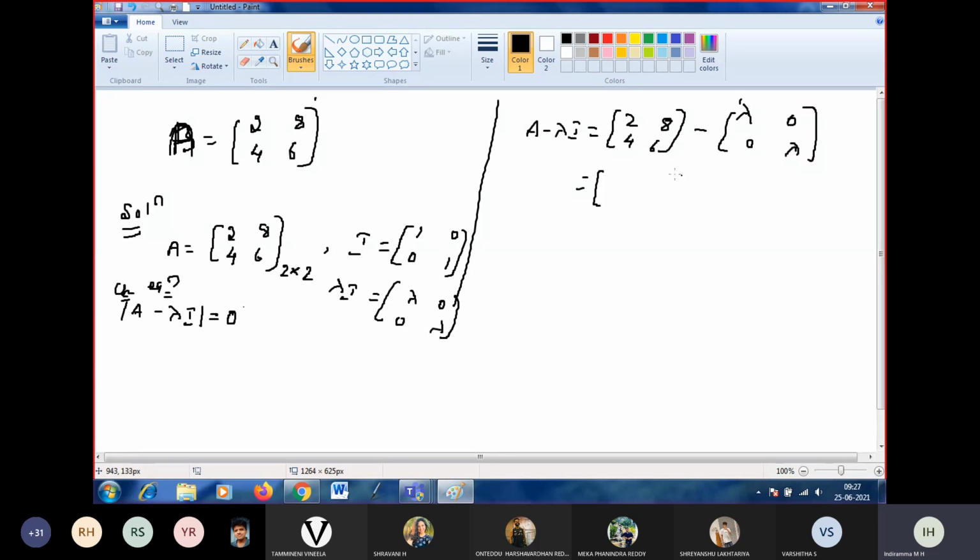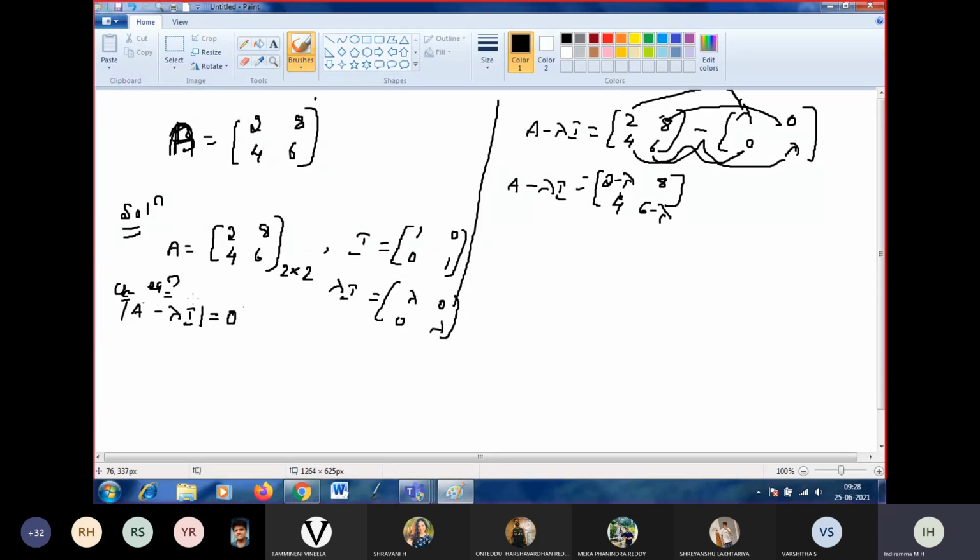What do you get from the subtraction? 2 minus lambda, 8, 4, 6 minus lambda. 2 minus lambda stays 2 minus lambda, 8 minus 0 is 8, 4 minus 0 is 4 itself, then 6 minus lambda. This is A minus lambda I.